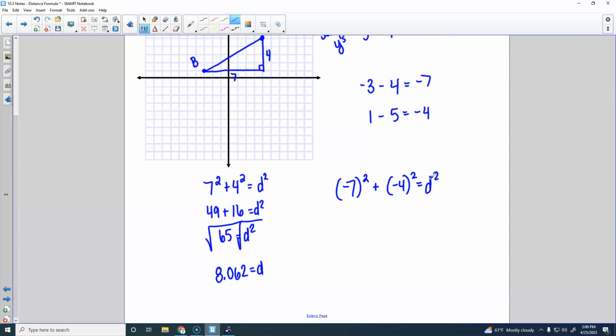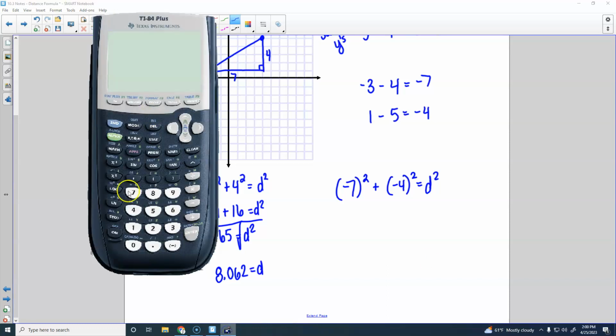Are you sure about that? Oh, Evan has just let the calculator lie to him. He's just let the calculator lie to him because negative times a negative is positive. Haley knows that negative times a negative is positive. Negative 7 times, so you have to be careful with this because Evan has let the calculator lie to him.